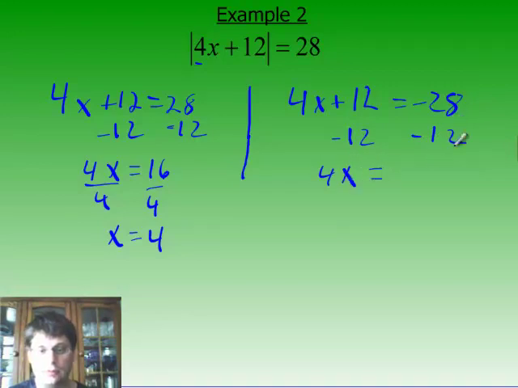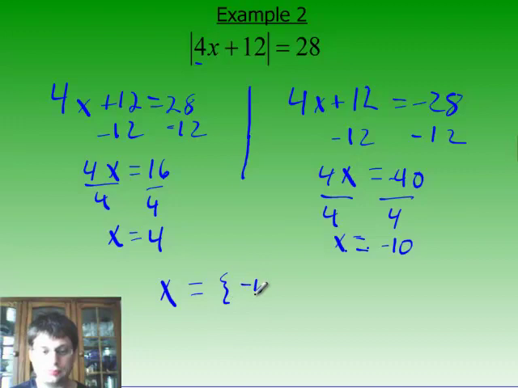And then we're left with 4x is equal to, and that's going to give us negative 40. Divide by 4, x is equal to, well, that's going to be negative 40 over 4. So therefore x is going to equal negative 10.